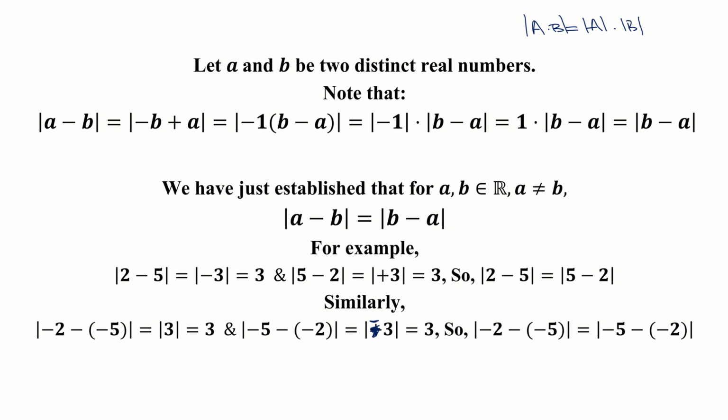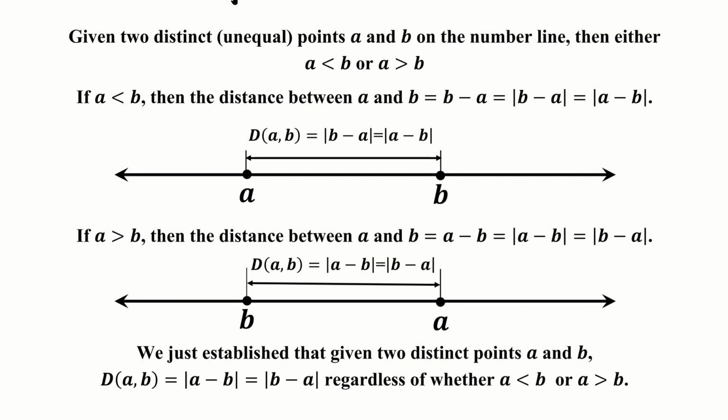But what's the absolute value of negative 3? That's 3. So again, we showed that the absolute value of negative 2 minus negative 5 is the same as the absolute value of negative 5 minus negative 2. So the absolute value of a minus b and the absolute value of b minus a give you the exact same result. Now we can apply that to distance between two numbers.